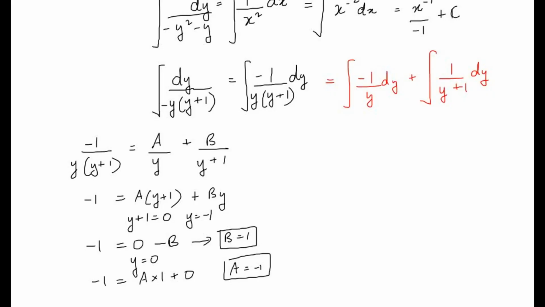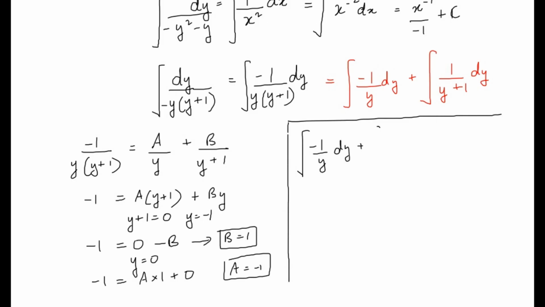Putting all of it together, I have integral of negative 1 over y dy plus integral of 1 over y plus 1 dy equals the right hand side, which is negative x to the power of negative 1 plus c.